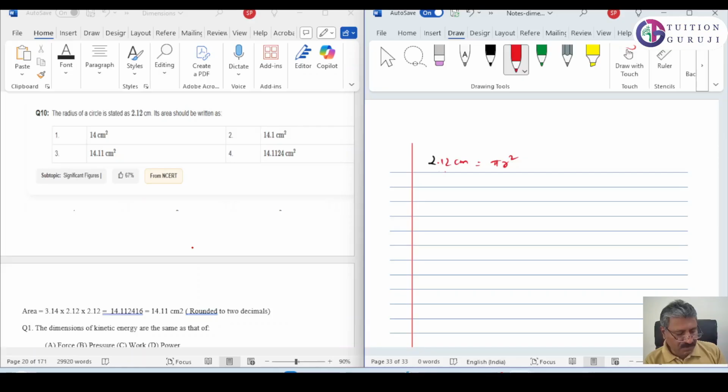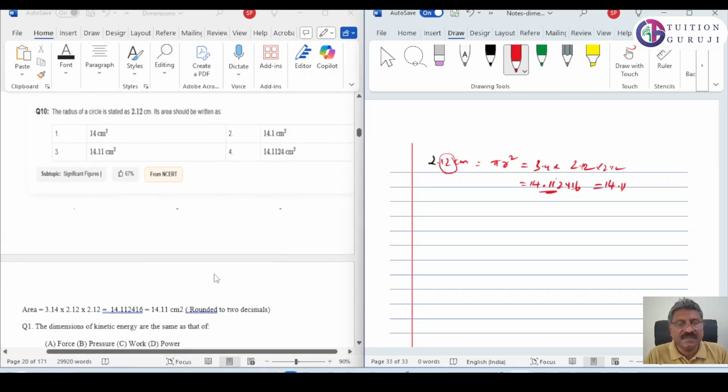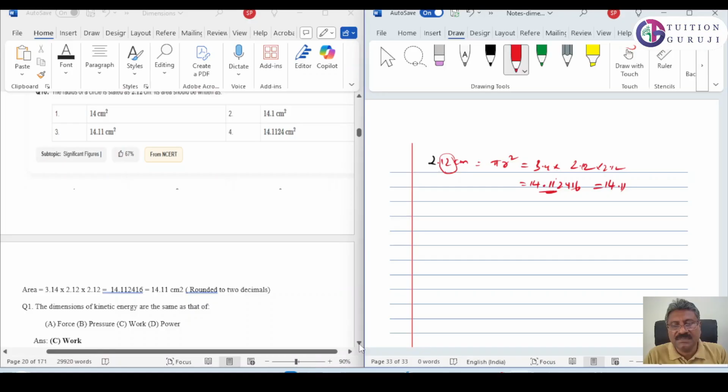That means 3.14 into 2.12 into 2.12, which comes to 14.112416. But since the radius has only 2 decimal places, we have to consider only 2 decimal places. Therefore, the answer should be 14.11, rounded to 2 decimals.